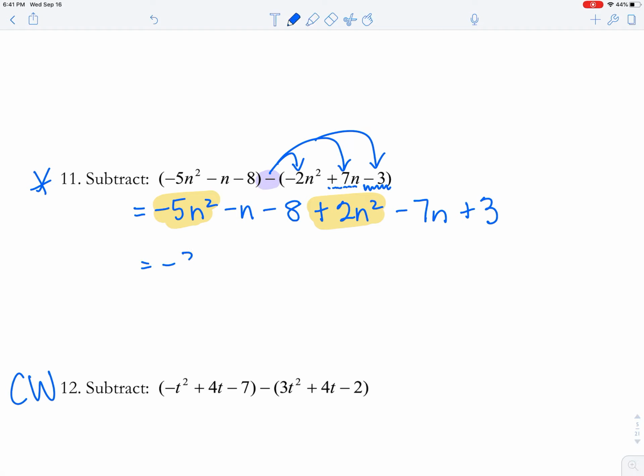That's going to give me minus 3n squared. And remember, be brave and ask if you didn't understand what I just did there. Minus n, with the sign that comes before it, with a minus 7n, gives us minus 8n. And then minus 8 plus 3 gives us minus 5.